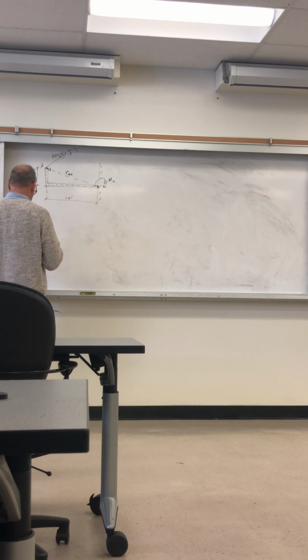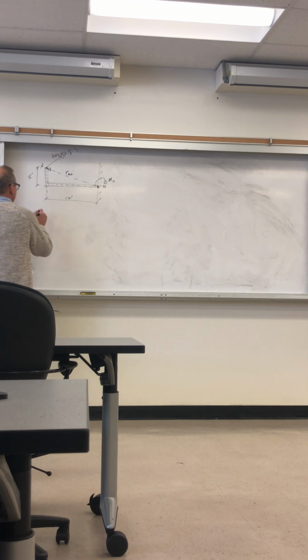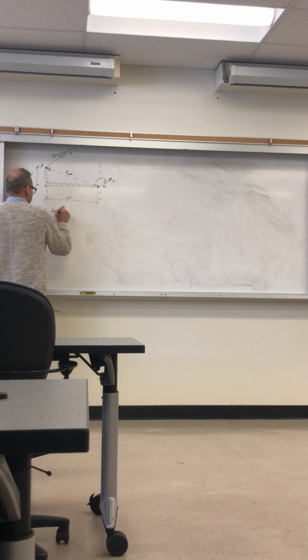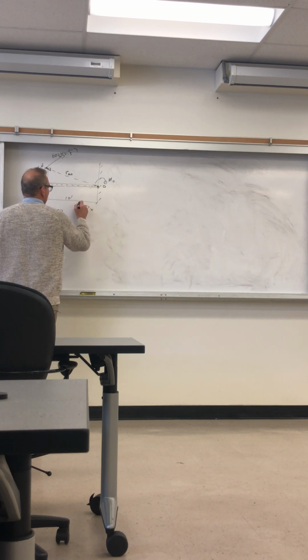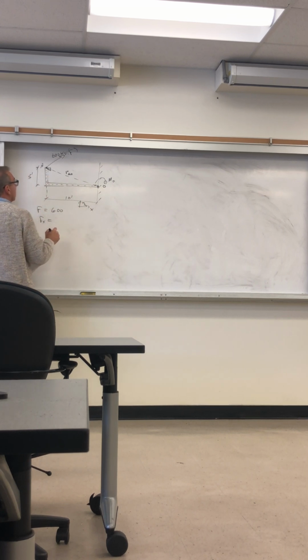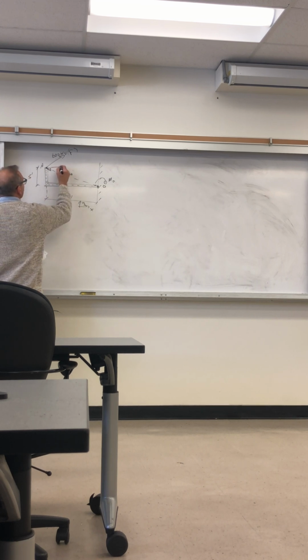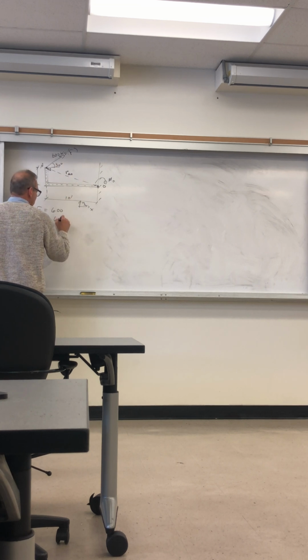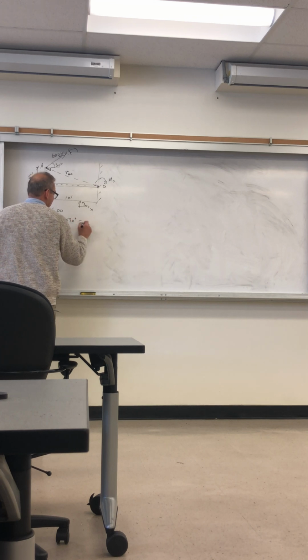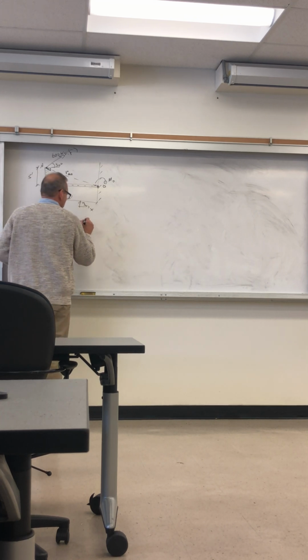So we have F, the magnitude is 600 kips. We have F in the X direction, so this being X and this being Y. I didn't give you the, this is 30 degrees up. So 600 times the cosine of 30 degrees, that's 520 kips.